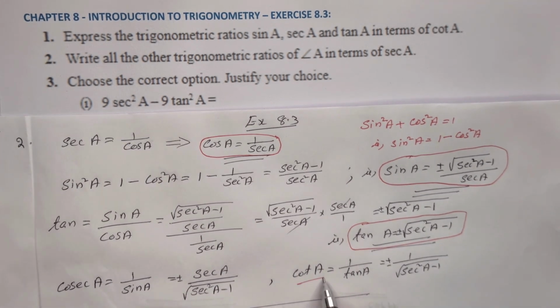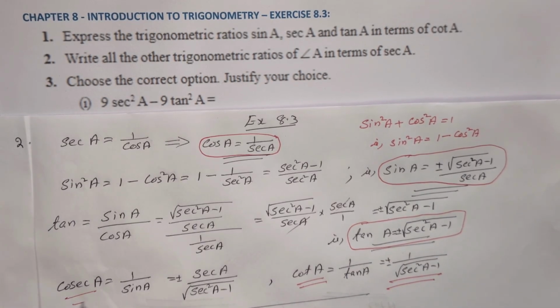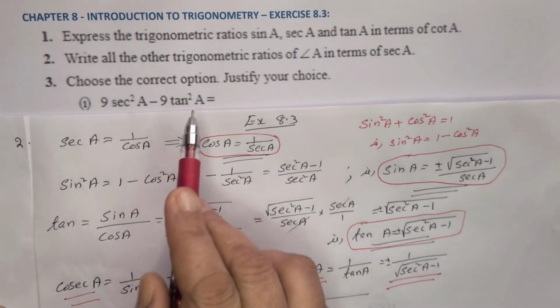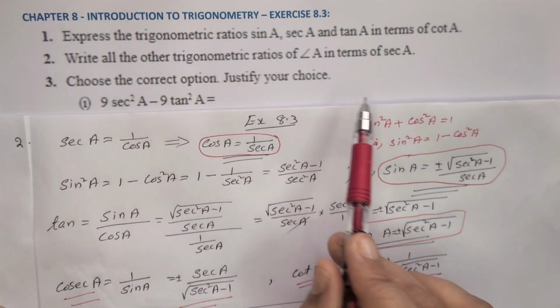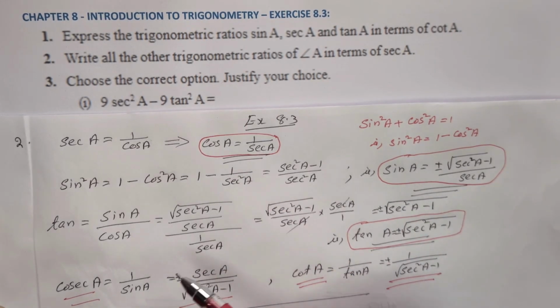Cot A is same as here, 1 by root of sec square A minus 1. Cosec A means sec A by root of sec square A minus 1. So all trigonometric ratios of angle A in terms of sec: sin, cos, tan, cosec, cot.